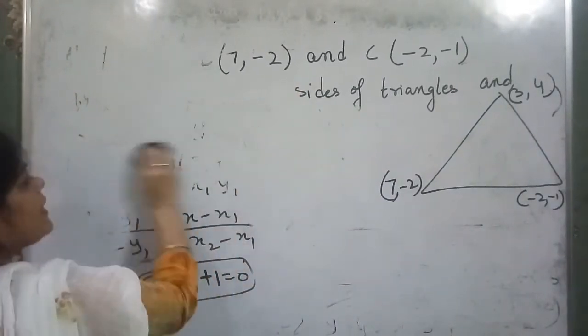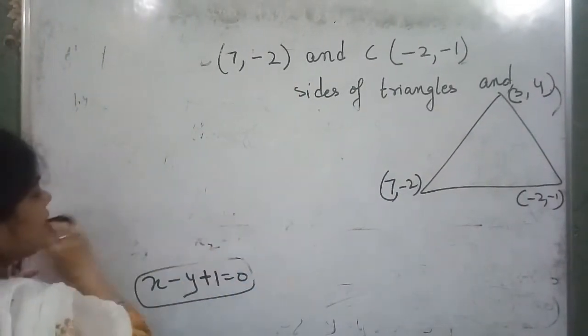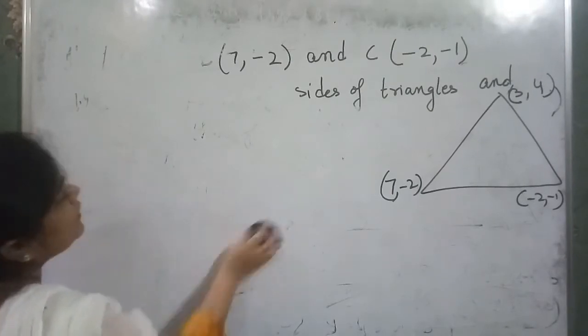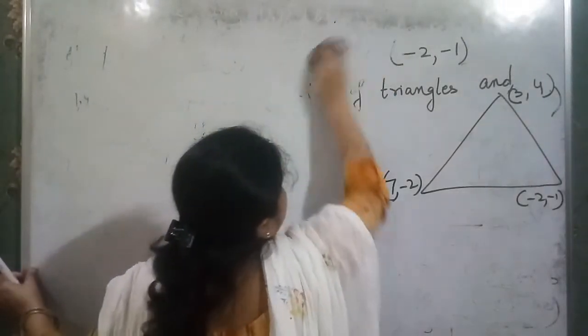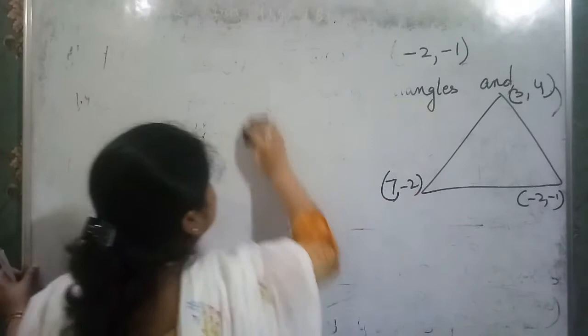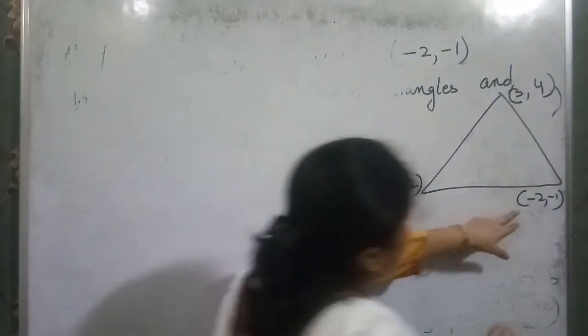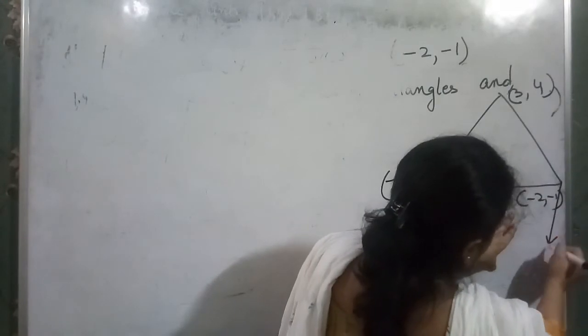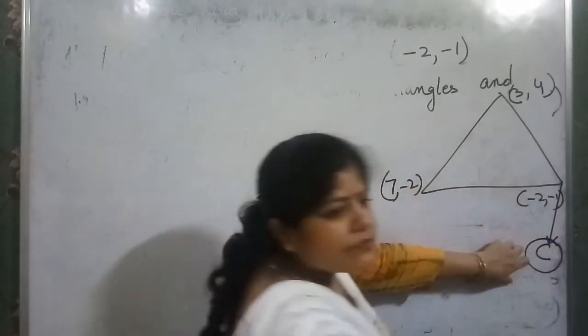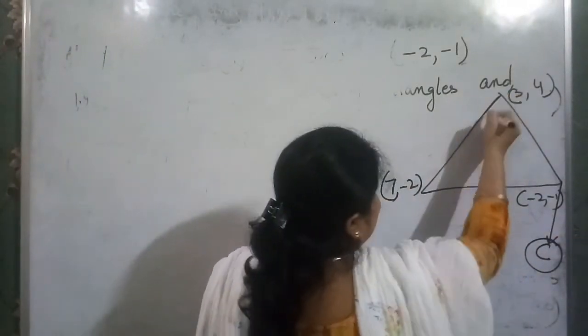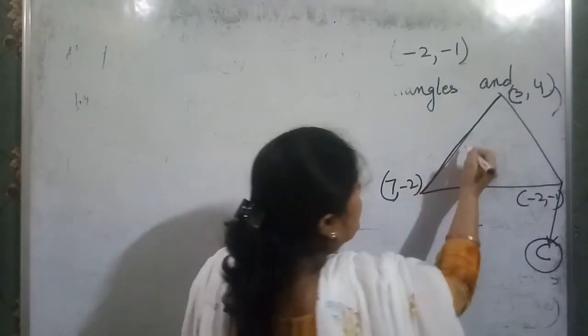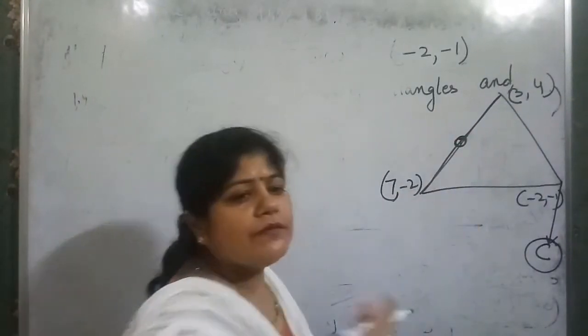So we have to find the midpoint of the side which is opposite to vertex C. I have taken this as vertex C, so the opposite line is this. So we have to find the midpoint of this one.